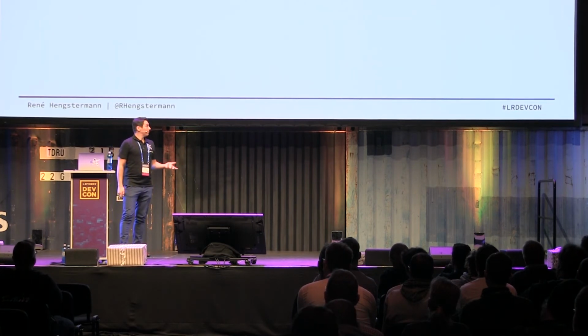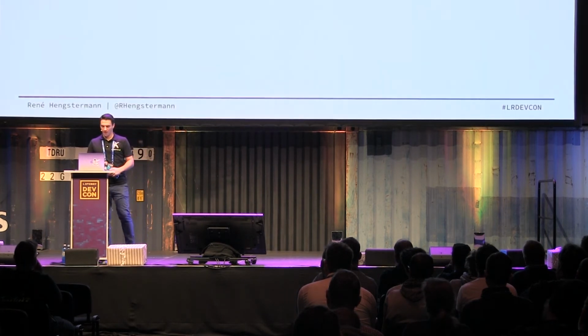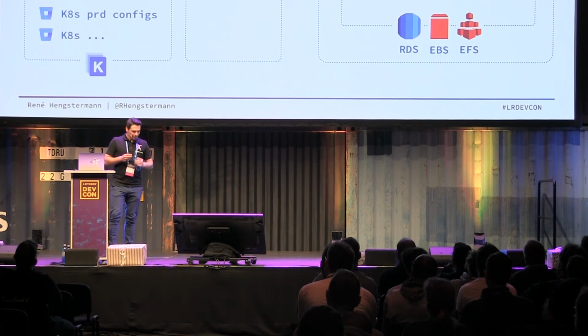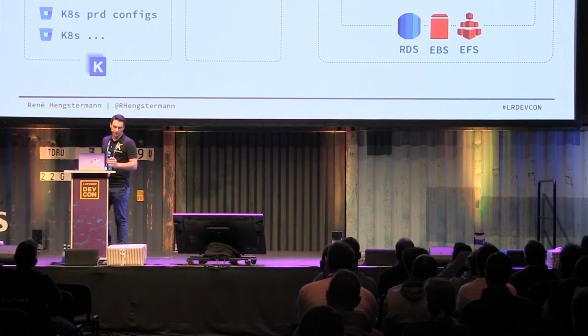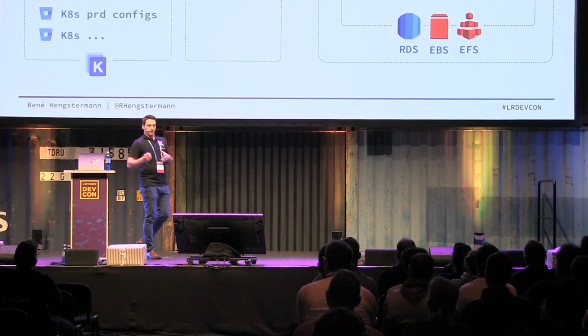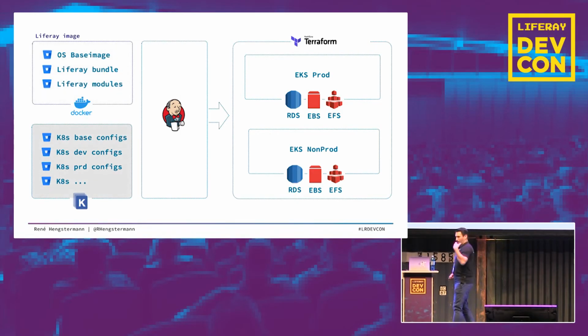So how did we build all these things together? As you can see, we of course first needed to build a Liferay image to get our Liferay installed inside Kubernetes. We also have different repositories for the different configurations, like for dev, for production, and our base configurations.